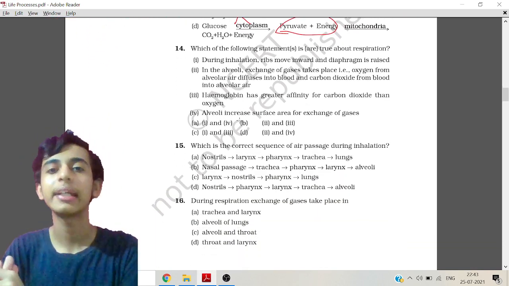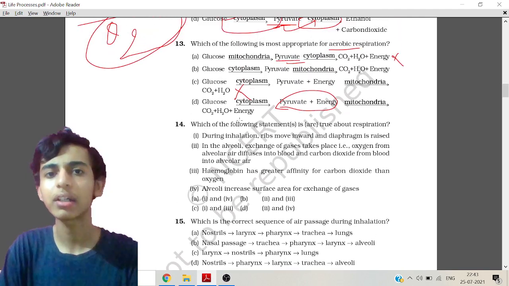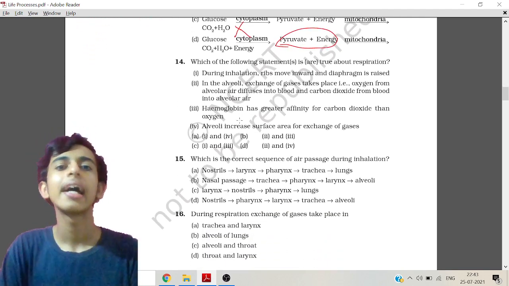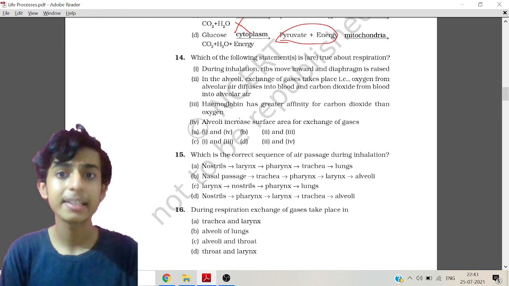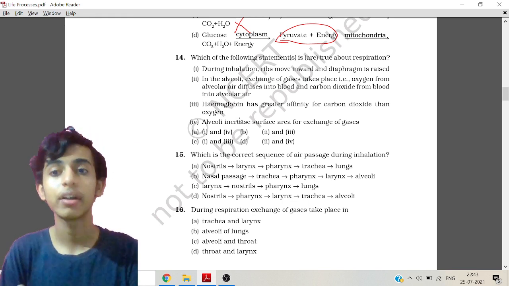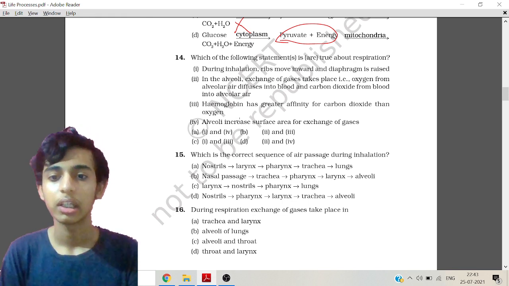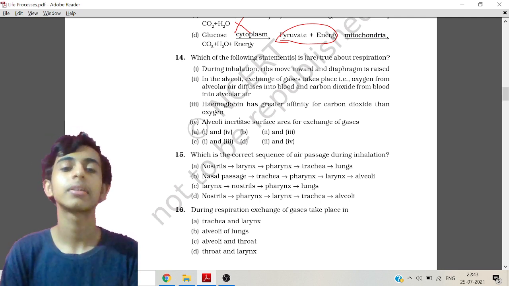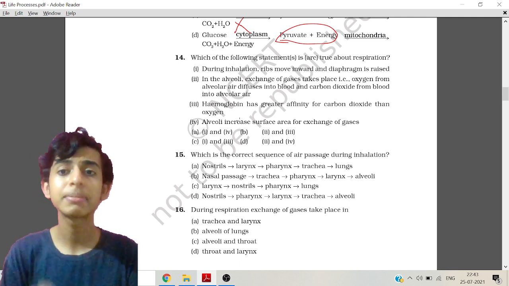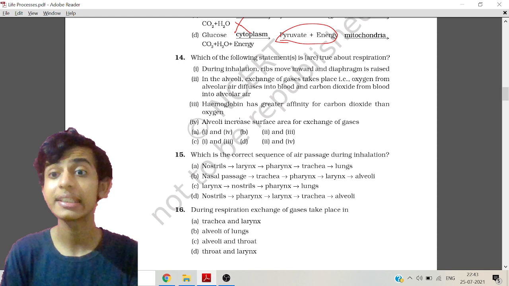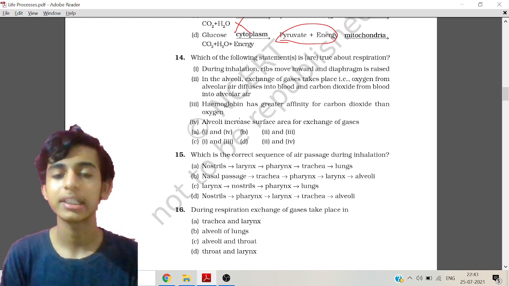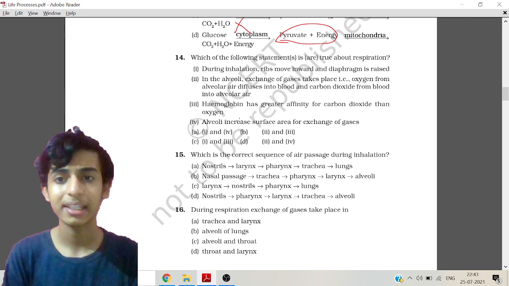Okay, question number 14, because now I have given you a very big hint, you can do something on your own too, right? Question 14 says, which of the following statement or statements are true about respiration? So let's read the statements. Statement 1. During inhalation, ribs move inward and diaphragm is raised. Second statement, in the alveoli, exchange of gases takes place.